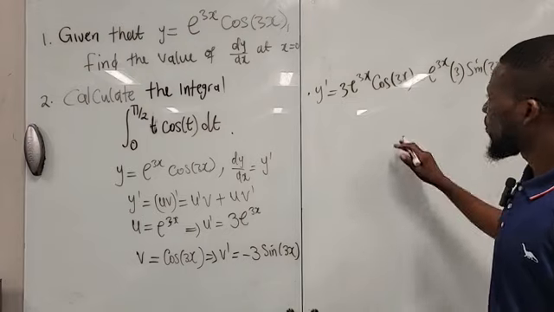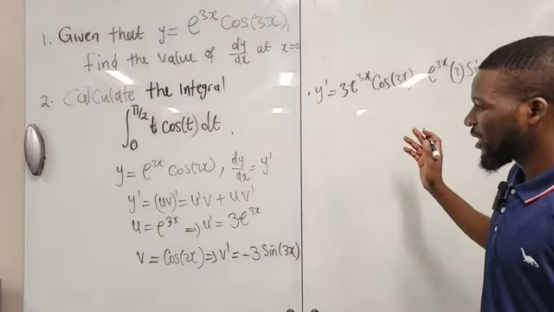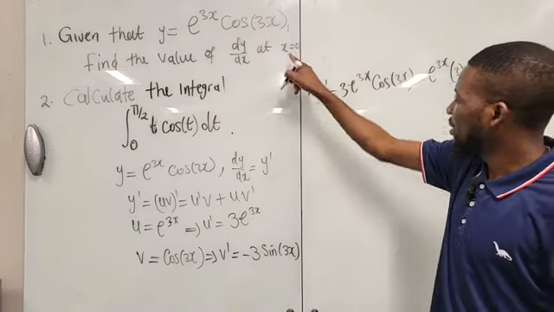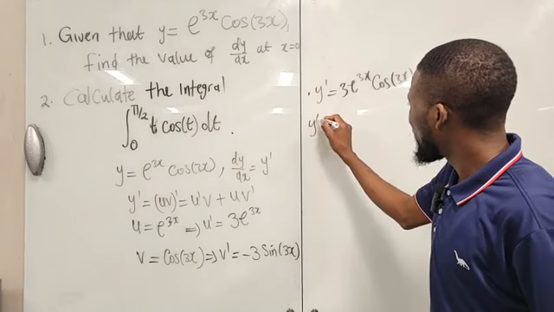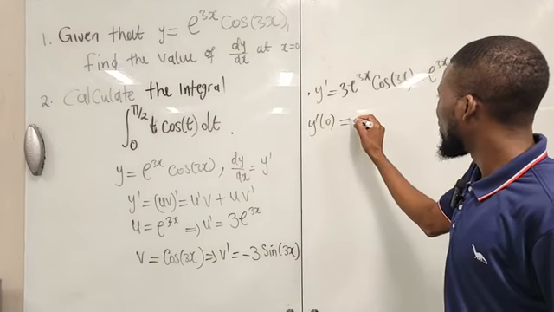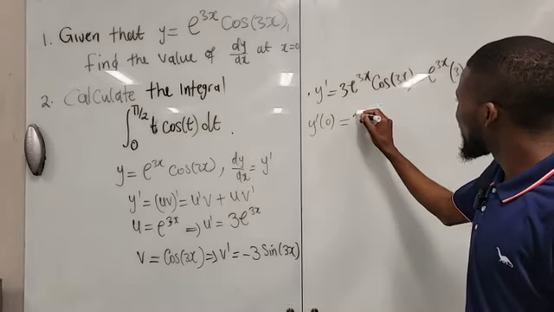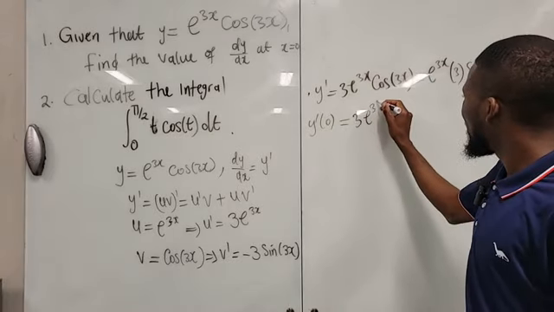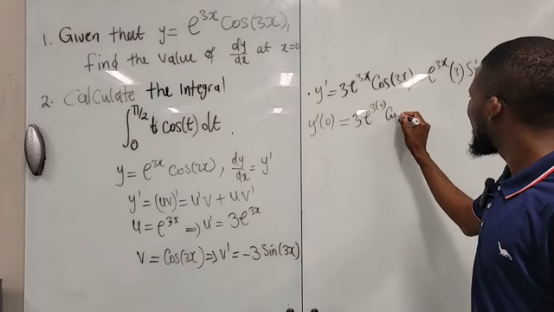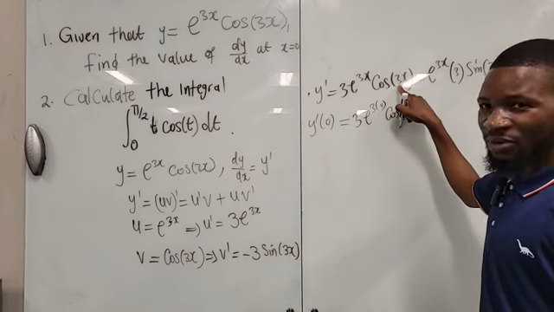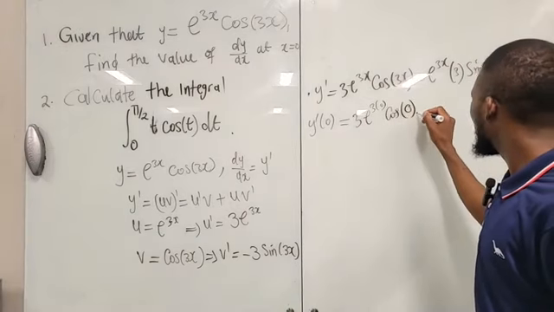Now we have to evaluate this function at 0. So this is y prime at 0. Where there is x, I just put 0. So this is 3 e to the power 0, then cos of 3 multiplied by 0, which will be just 0.